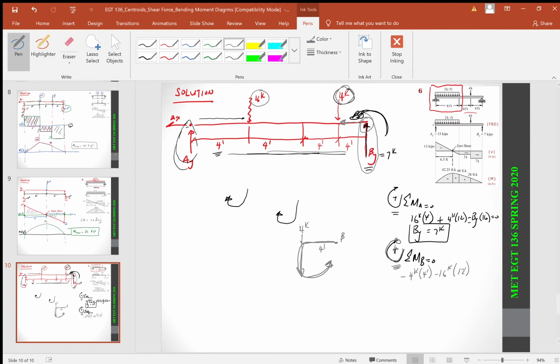And then I have my AY by 16 equals 0. AY happens to be 13 kips. Let me just erase some of this off so we can have some room.